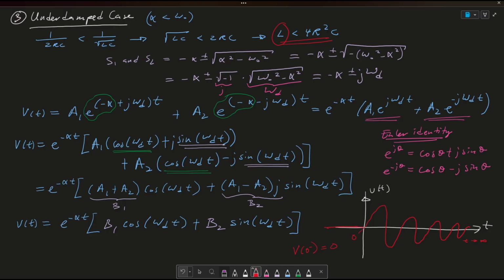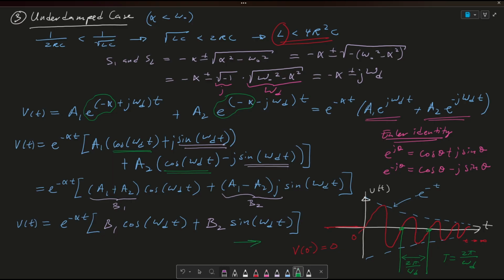Where again, here is t equals 0. If I go ahead and plot this decaying curve here and here, I'm going to get that this here is e to the minus alpha t. And something to note is that from here to here is this period T, 2 pi over omega d. All right, so T is equated to 2 pi over omega d.